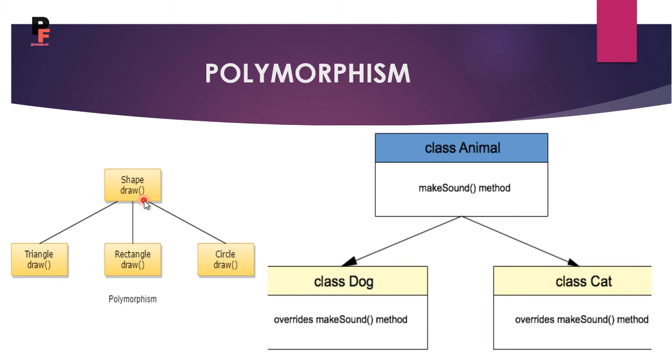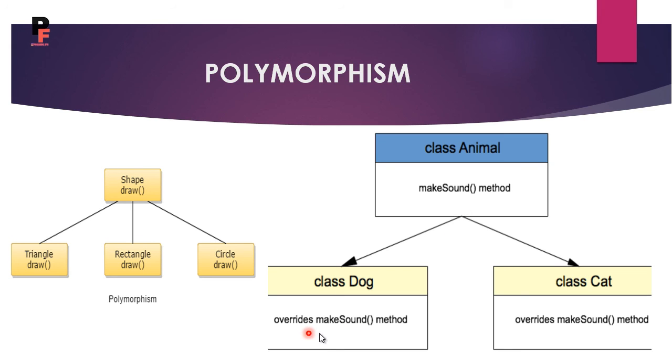Similarly, let's look at another example. A base class named animal, and we have a method here, the make sound method. Now, derived classes of animal could be any animal like dog, cat, cow, but they all will implement the make sound method with their own specification and override it.